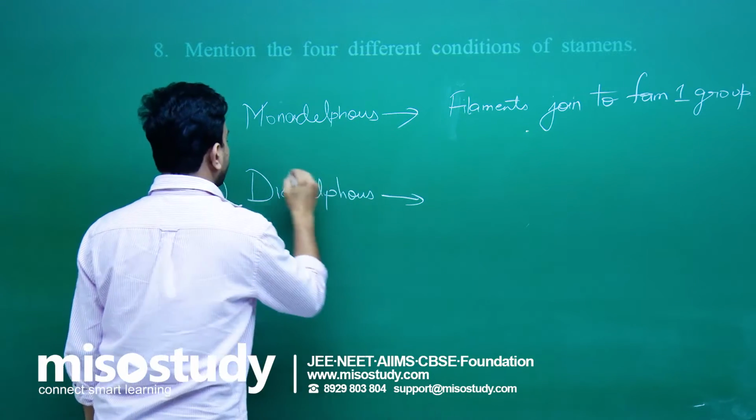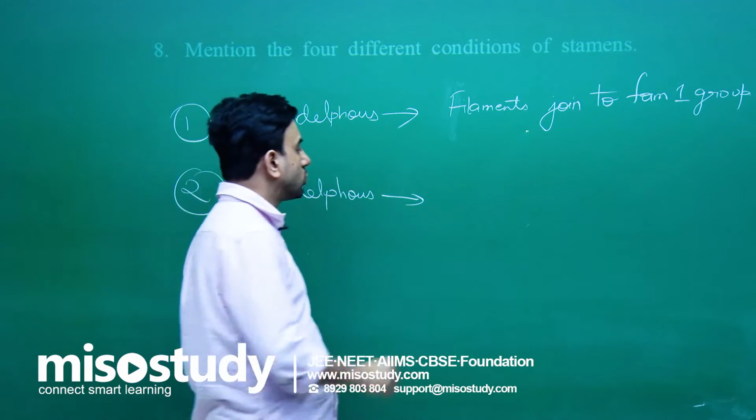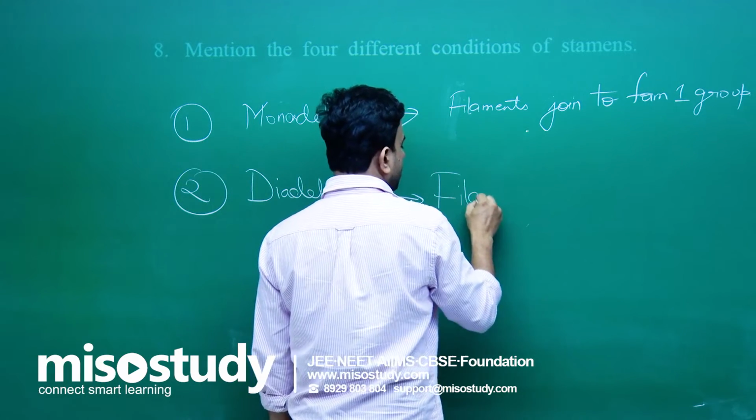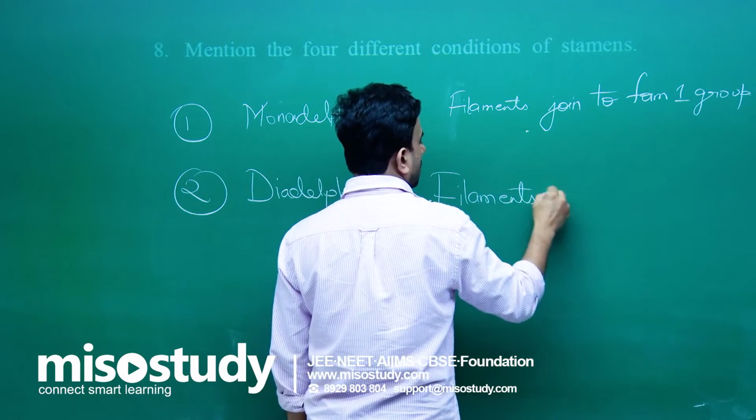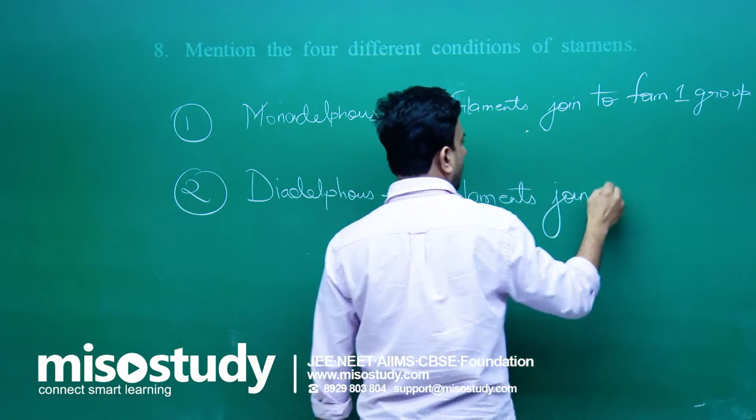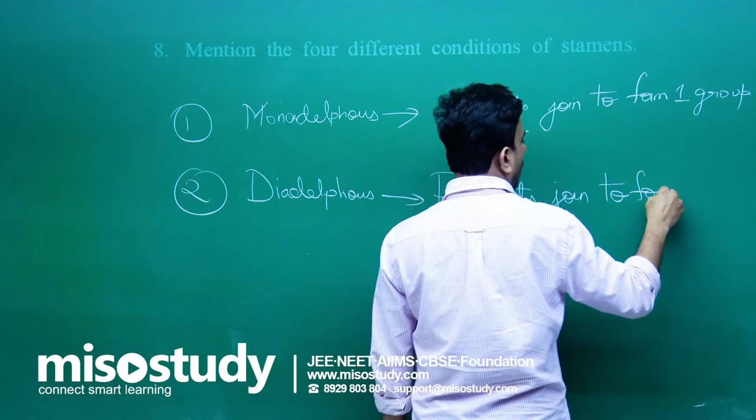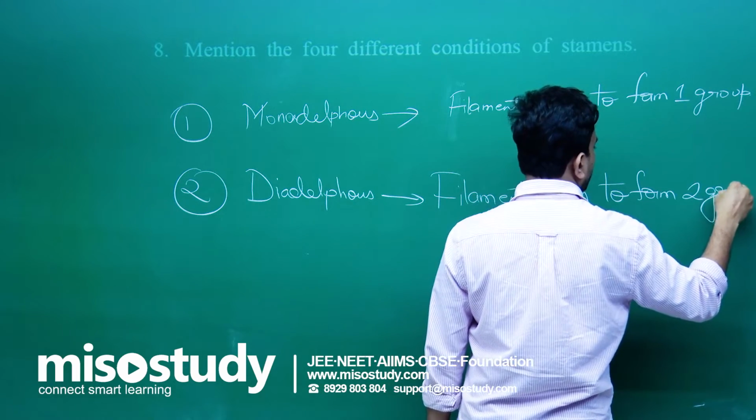Then we can talk of the diadelphous condition. What we see in the diadelphous condition is that filaments join to form two groups.